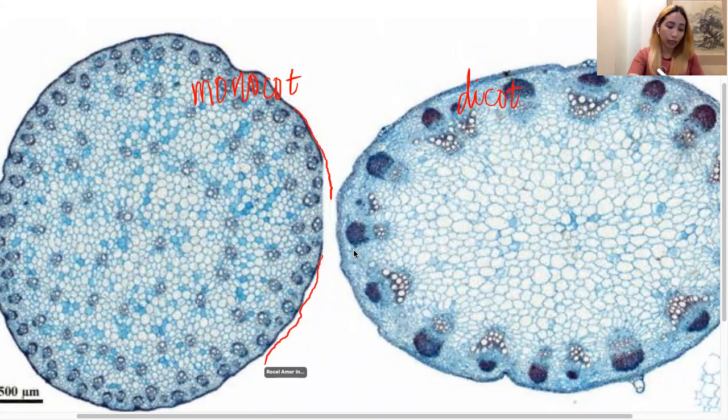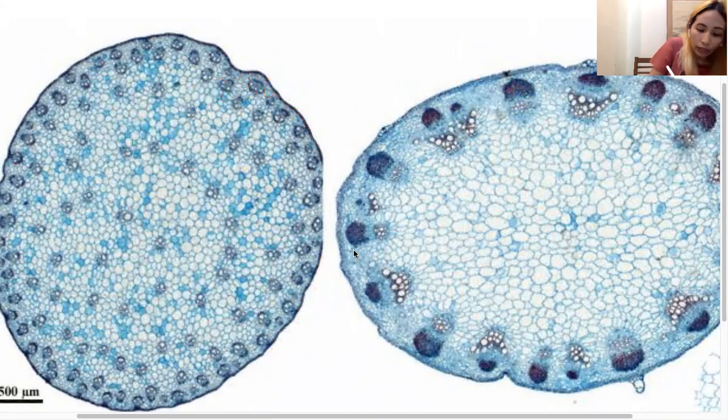That's the epidermal layer. In the dicot plant, okay, burahin muna natin yung sulat. It's this layer. Sorry, nahirapan si Madam. Okay, it's this layer over here. Yung layer na yan.